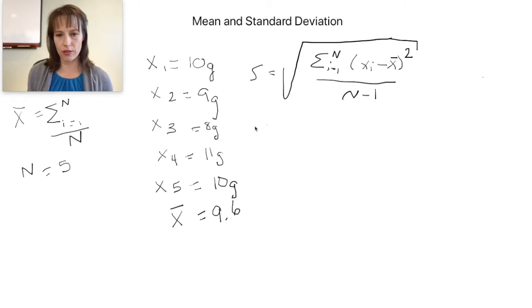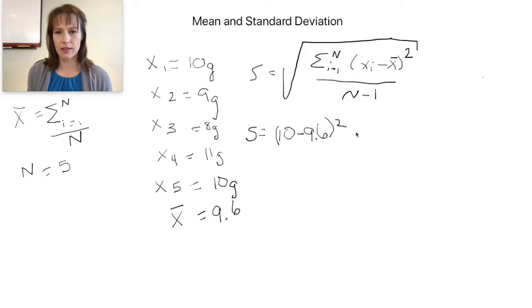So let's just go over the example of the first one really quick as we calculate this out. So we're looking for standard deviation, and we're going to first add up all of these calculations. And the first one here is x sub i, or in other words, take the first sample, which is 10 grams, minus the average or the mean, 9.6 grams, and square that number.